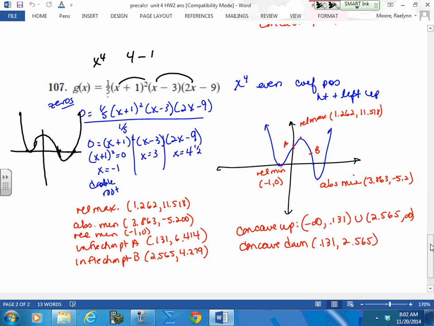So 4 minus 1, 3 turns, minus 1, 2 inflections. So here's my turns, 1, 2, 3, here's my inflection points, 2. It's got to have a pattern to it. Follow that pattern each time you do this.